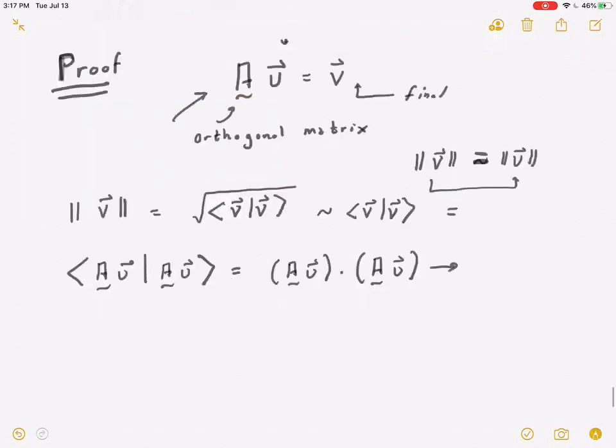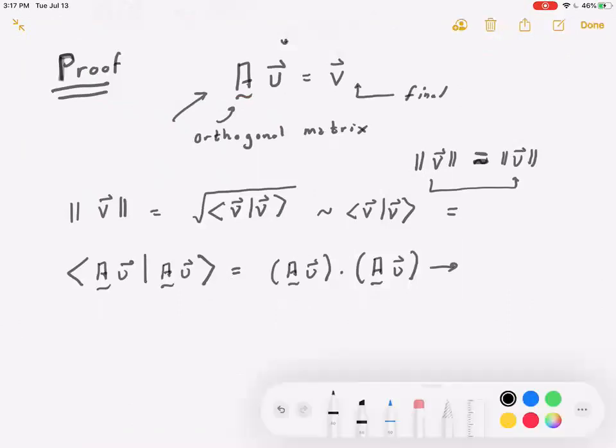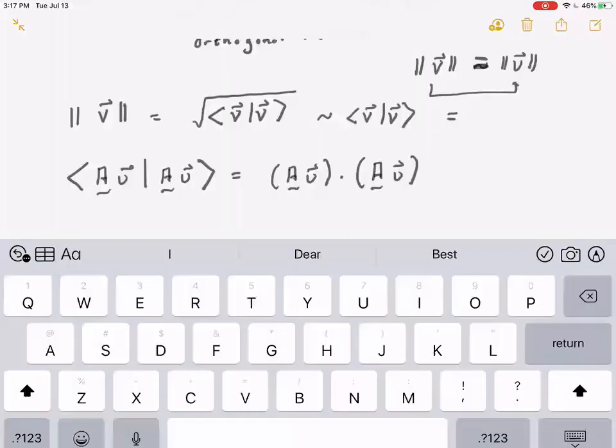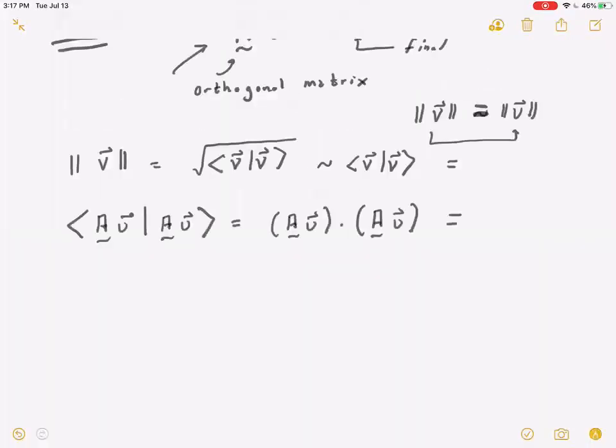That is the same as the transpose of this matrix times the original matrix. I know how to take the transpose of the product of matrices. That's just the transpose of u times the transpose of A.